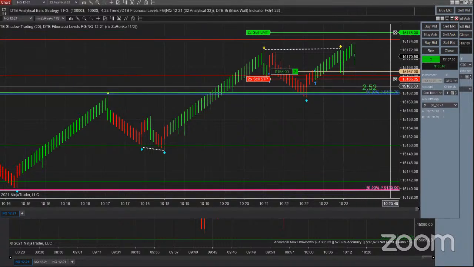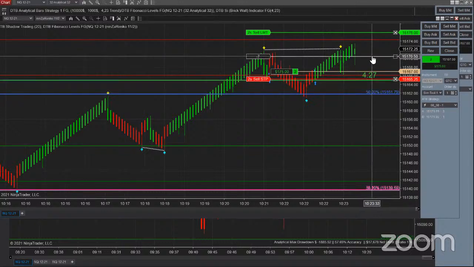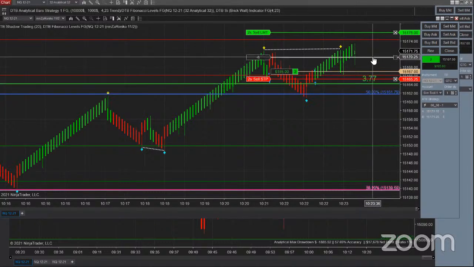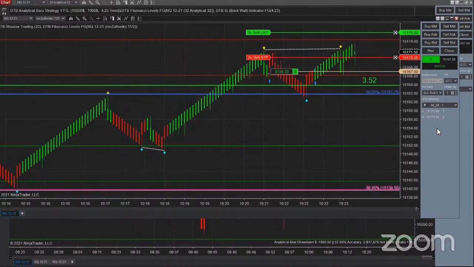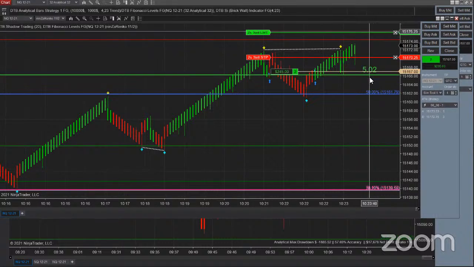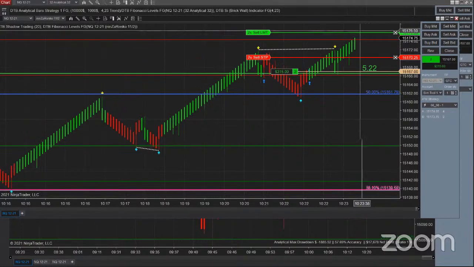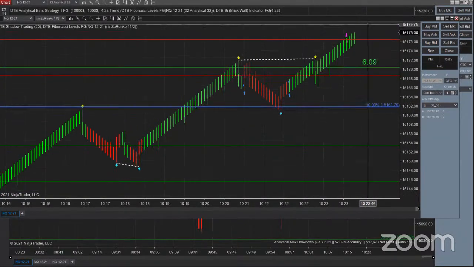Or you can say, you know what, I'm very happy with that type of move, so I'm going to bring my stop right up and be happy with that.